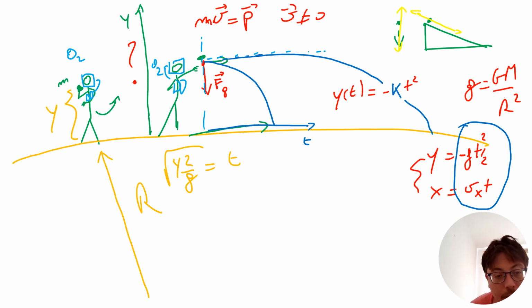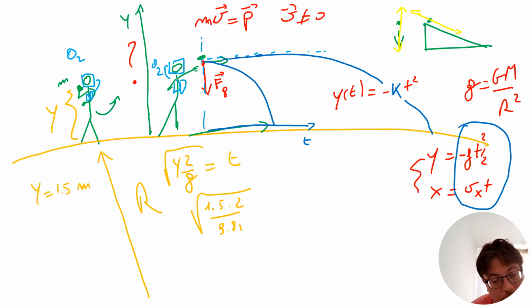Suppose that y is 1.5 meters. So now we put 1.5 times 2 divided by 9.81, all under the square root, and this is the time in seconds, right? Because we have meters divided by meters per second squared, under the square root, meters go away, second squared becomes seconds. So this is correct, it's time.